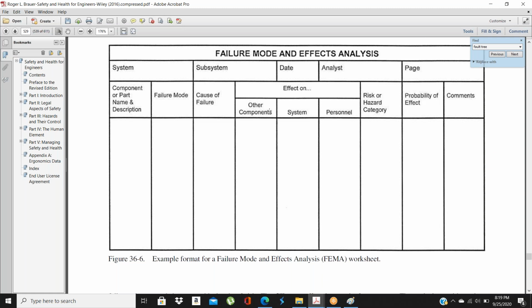This is also one cause. We need to identify all the causes related to that failure. After the failure, we need to check the effect of that failure on the system, the components, and the people involved in that system.